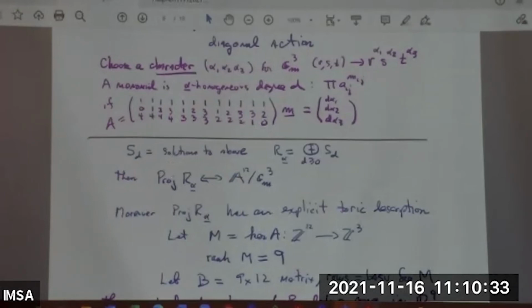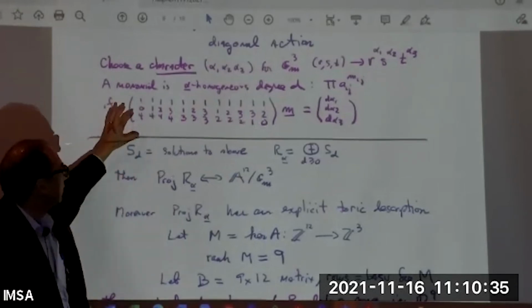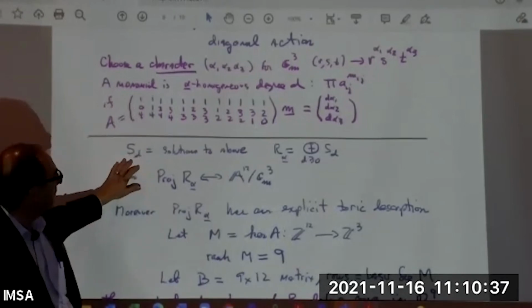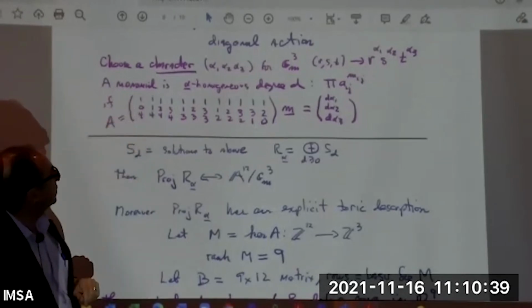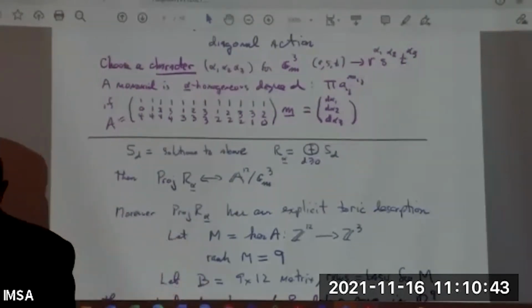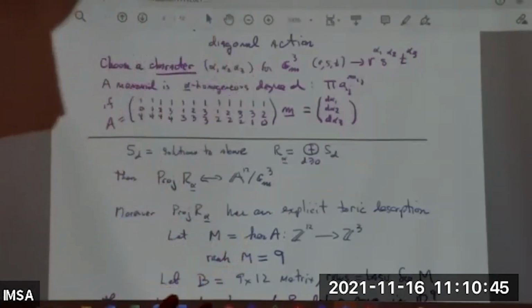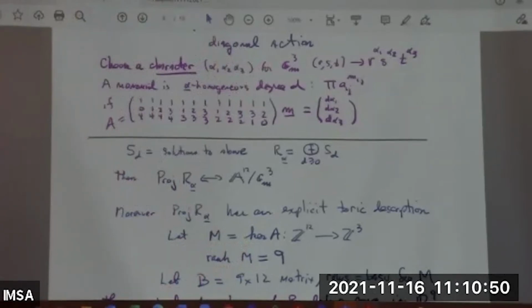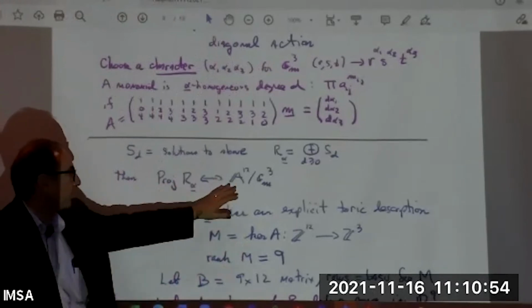And so you look for solutions to this, and you let S_d be the alpha homogeneous degree d solutions. You get a vector space, and they organize themselves into a ring. You take the sum of the vector spaces, and you take basically Proj of this ring.